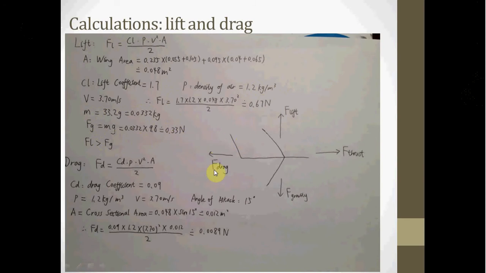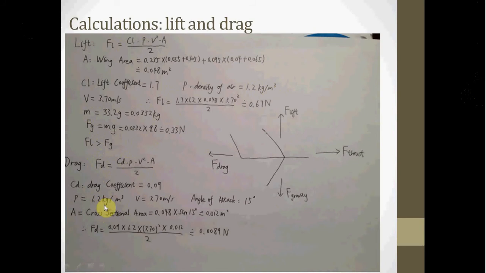And for calculating F drag, we found the formula that Fd, the drag force, is equal to the coefficient of drag times the density of the air times V squared times the cross-sectional area, and divide everything by 2.